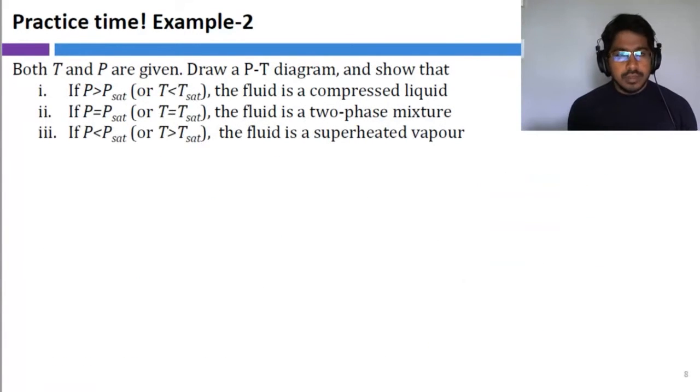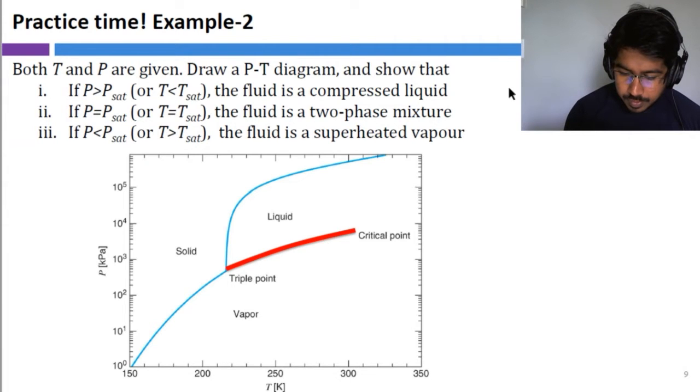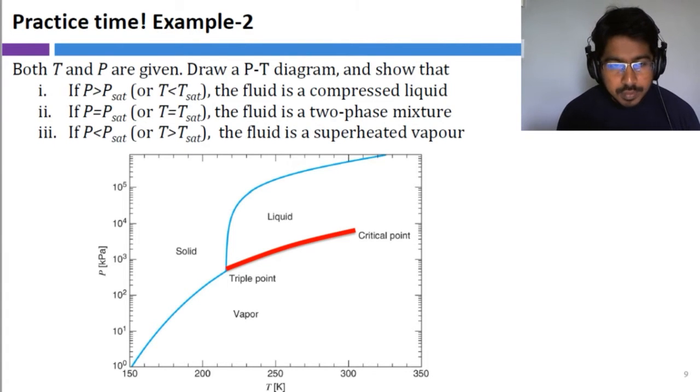Perfect. So take about 3 minutes for this question and try to solve it yourselves. Okay. So from last lecture, you remember that the saturated liquid vapor region is represented by the portion shown in red color, right?